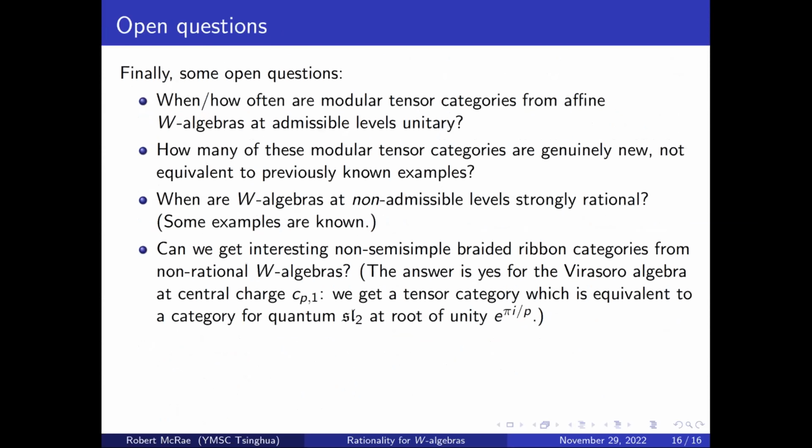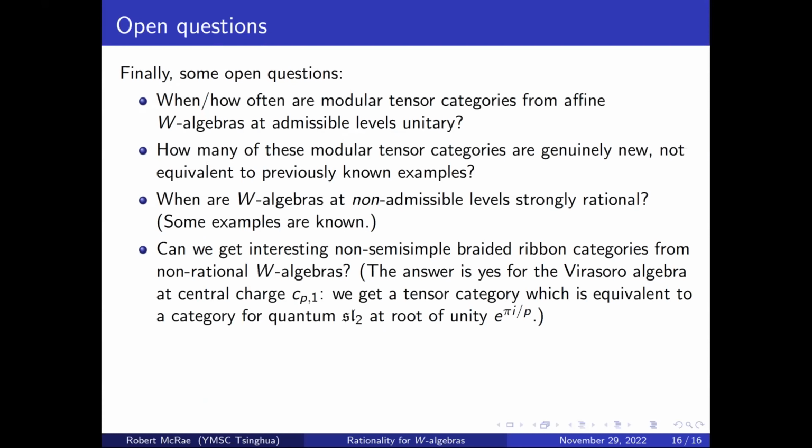Maybe I'll finish with a few open questions. If you're interested in unitary modular tensor categories, certainly an interesting question is when these new modular tensor categories from W-algebras are unitary. Usually they won't be, but probably in some cases they are, and it'll be interesting to see if there are any interesting examples.